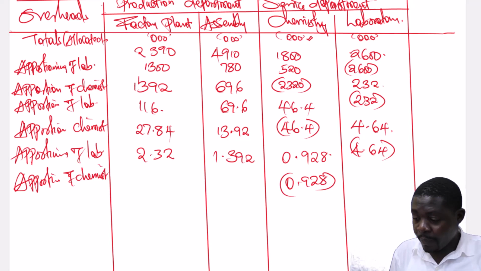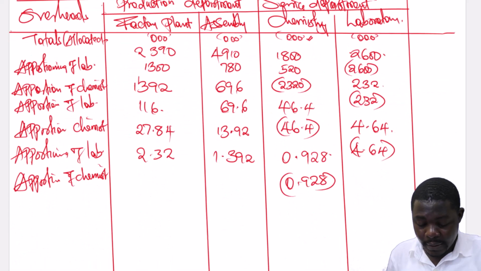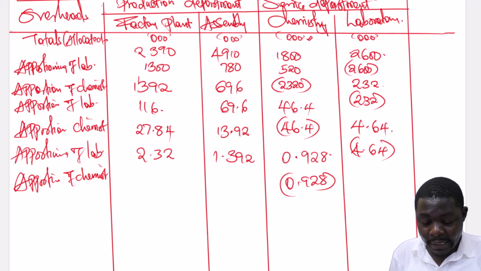0.6 multiplied by 0.928, now we have 0.5568.